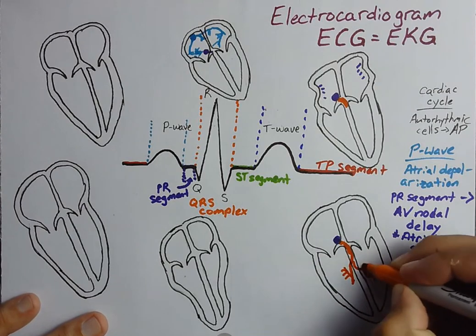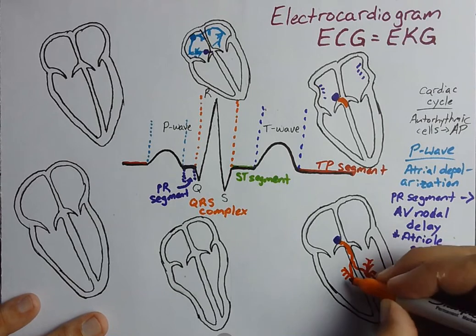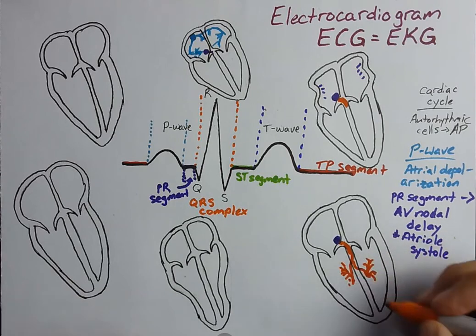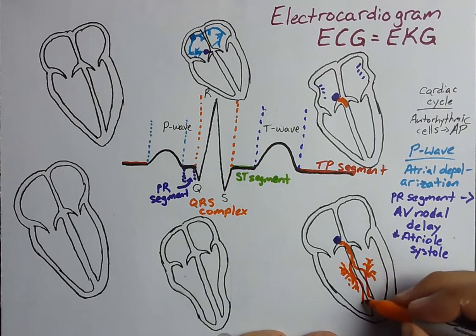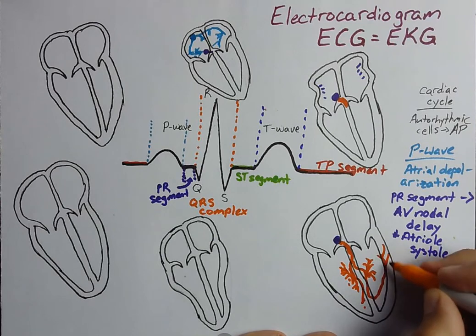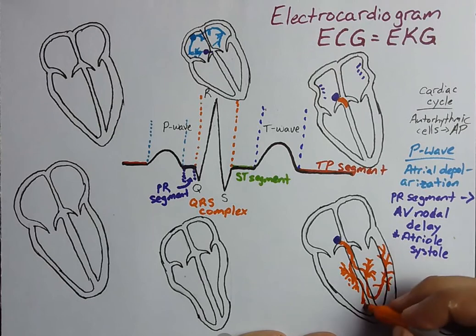The bundle branches branch and feed the interventricular septum and the tissue around it with electrical current. They continue to branch until they reach the apex of the heart. Now they spread out through the rest of the ventricular myocardial tissue.